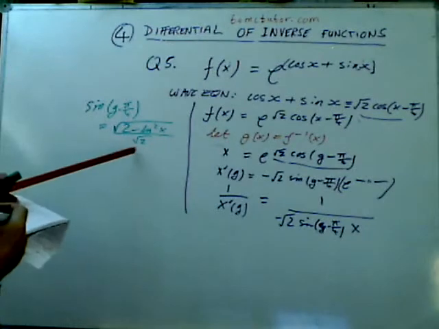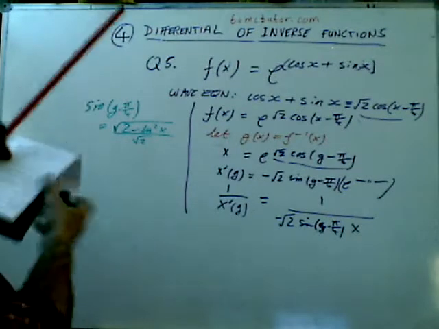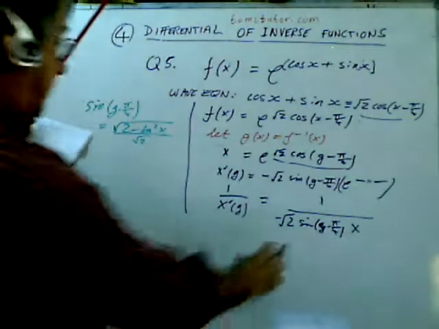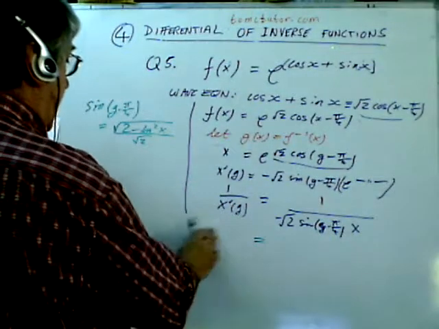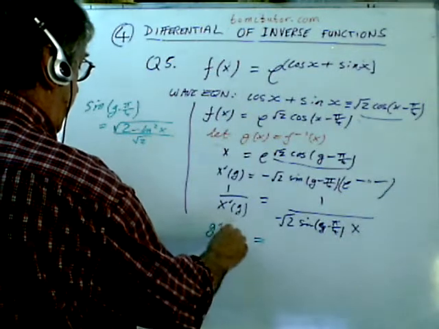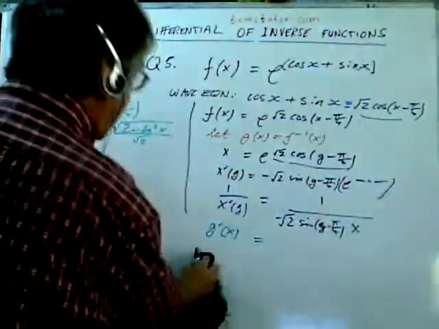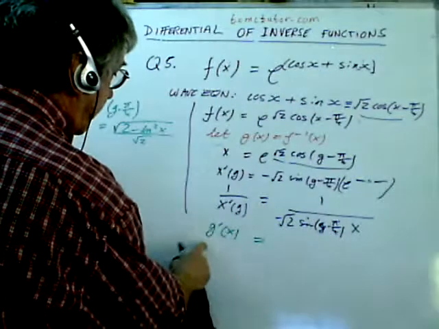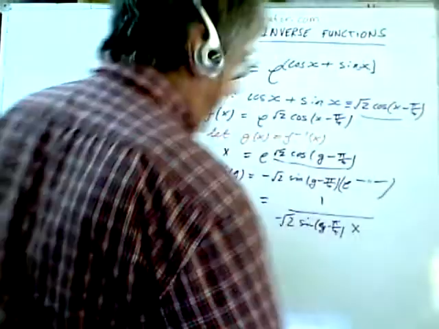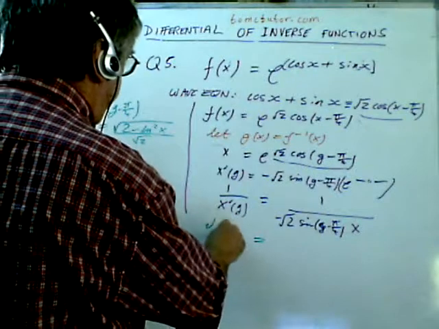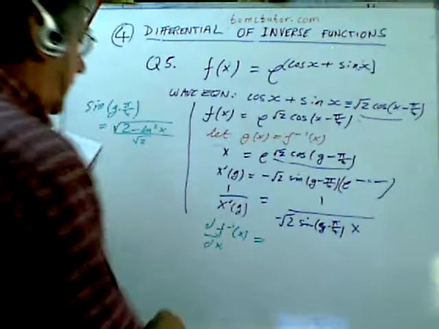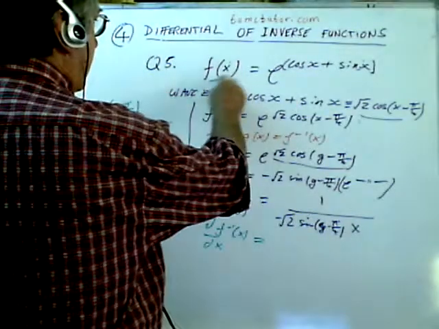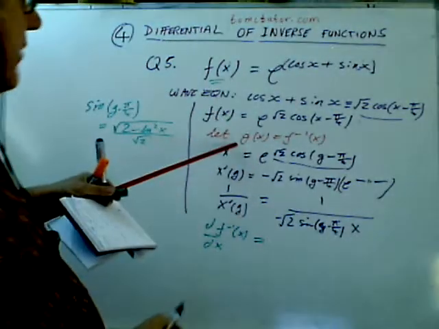Now don't jump on me if that's wrong. My notes are using different symbols, etc. But anyway, if I put that in here, I get my g dash of x. Or as I said before, that is the reciprocal of that, which is d of f minus 1 of x dx. Best to write it that way, okay? Because we don't know what g of x is, something I invented.